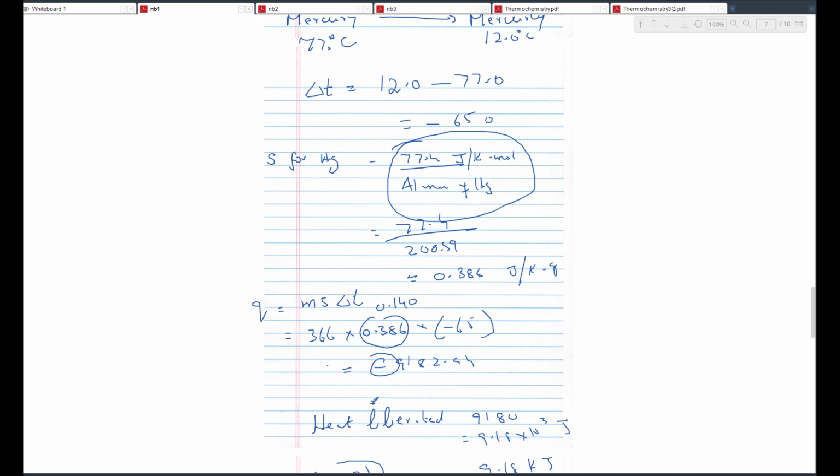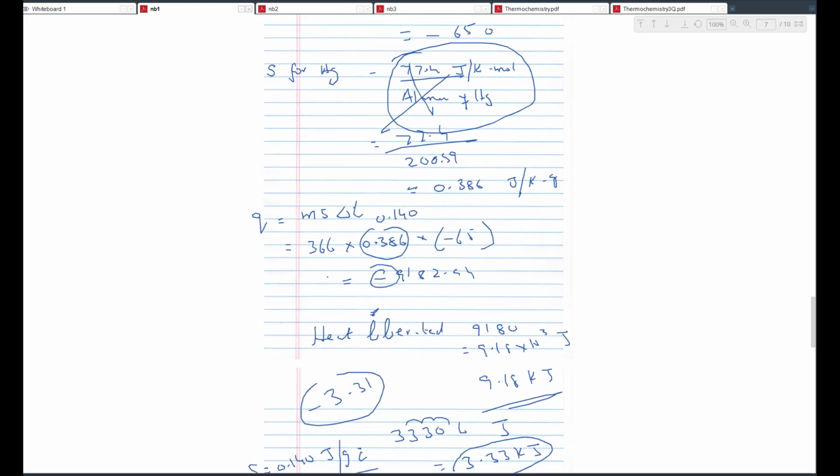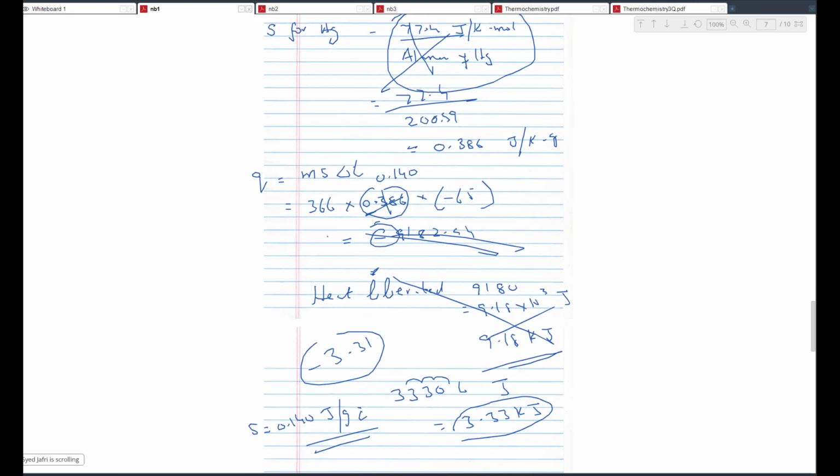That S is entropy. Whenever they give delta H and delta G, the other one, S, is entropy. That is not this one. That's why we got the wrong answer in the beginning. The correct value is not this one but 0.140, and now you will get the correct answer. Got it. Yeah, I was having trouble finding the table, and I found the table that was in the chapter.